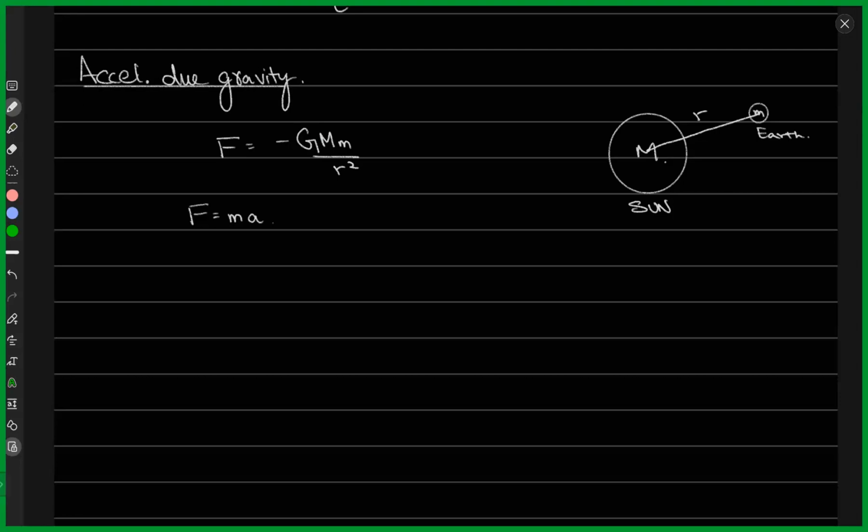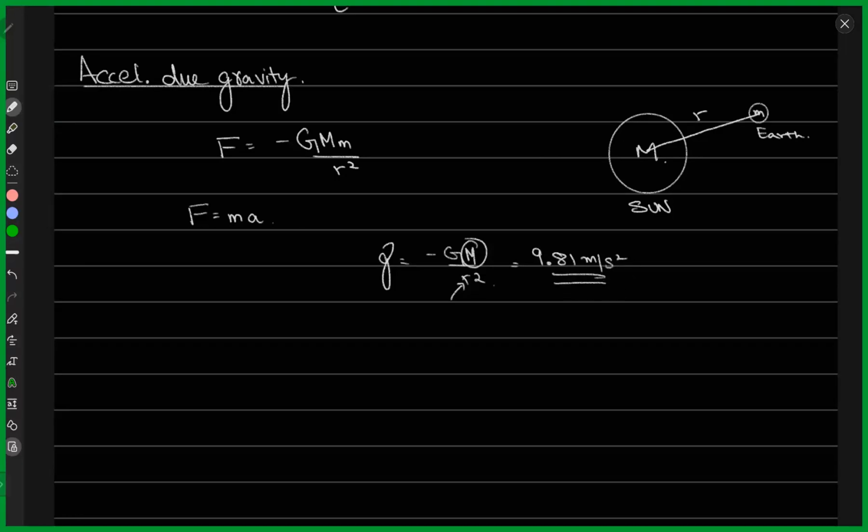Yeah. So basically, I was writing the expression for force, which is going to give me the expression for acceleration due to gravity. Of course, I could have written it directly as g equal to minus GM by R squared, which is the expression for acceleration due to gravity. Then you put in the radius of the Earth and the mass of the Earth, and this gives you approximately 9.81 meters per second squared, which is the acceleration due to gravity, right?